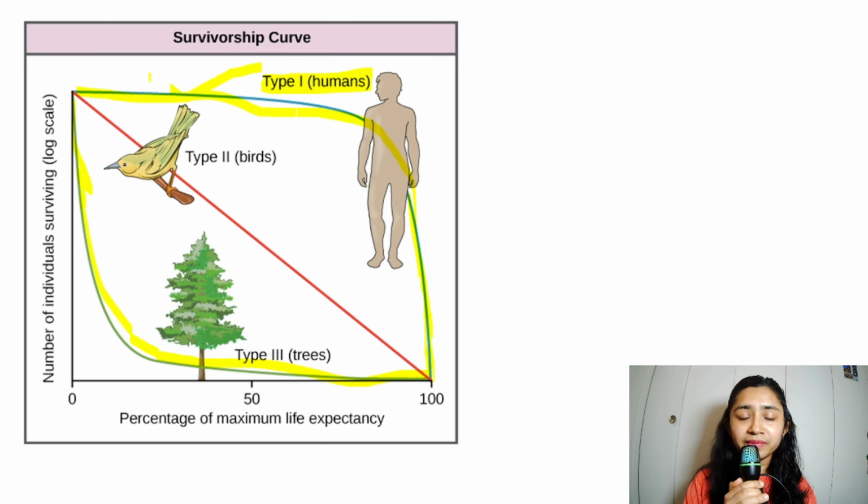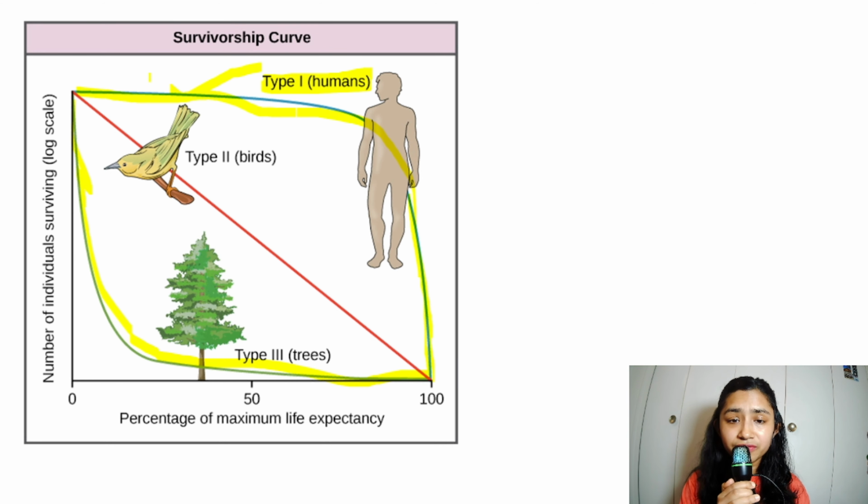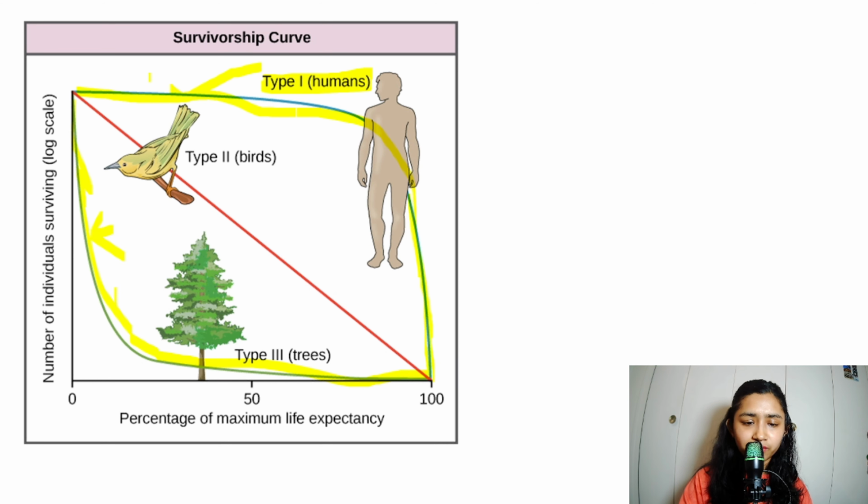Many insects and plants also fit into this pattern because they lay many eggs and hundreds of seeds respectively, and most of these die. Other examples are sea turtles, pelagic fish, oysters, and trees. So this is the type 3 curve, where life expectancy is very low at the beginning, but those who survive can live long.